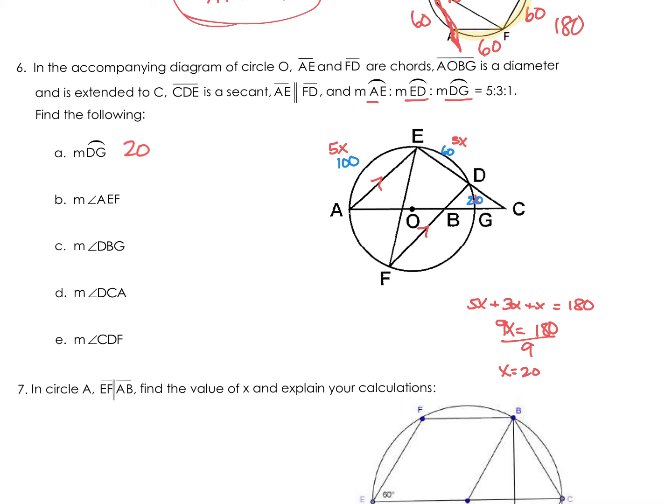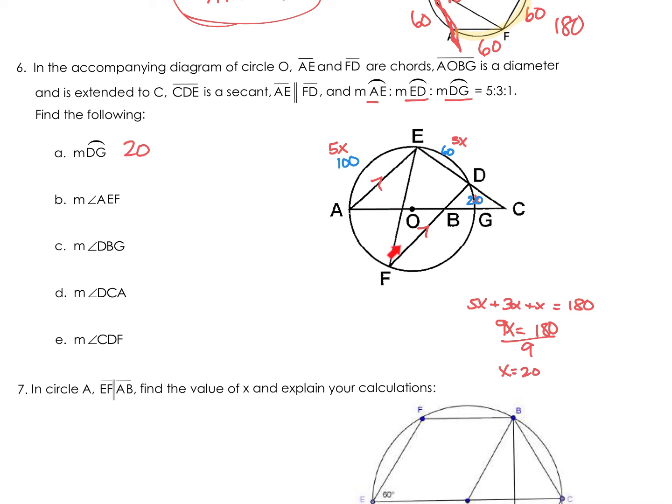Next up, angle AEF. AEF is right here. It is an inscribed angle. So I look at its mouth and it goes way over here. Uh-oh, we don't have anything here. But there is a Z. So this is the same as this.